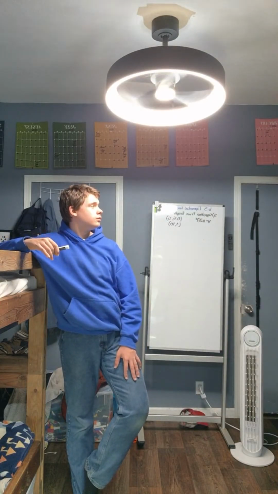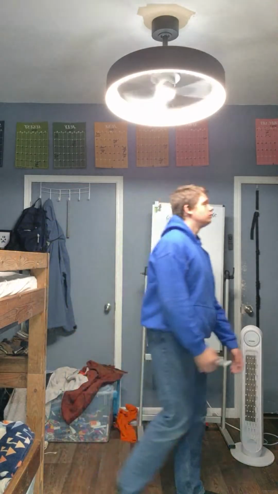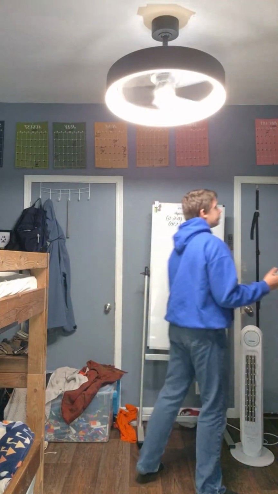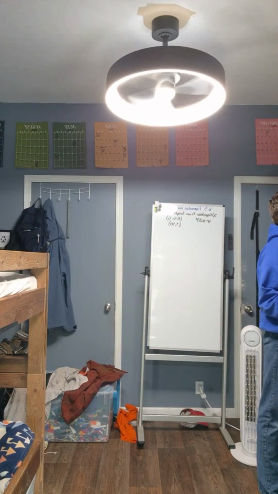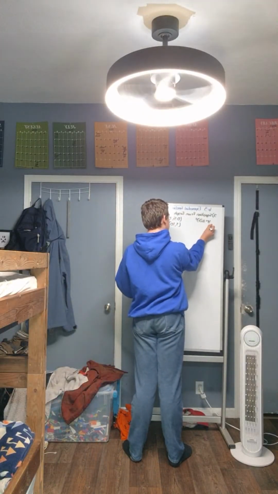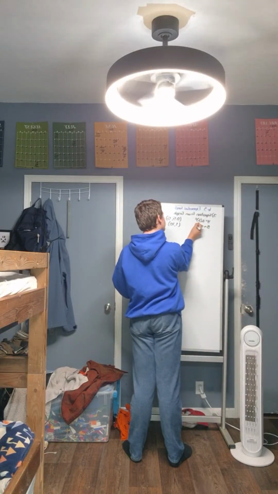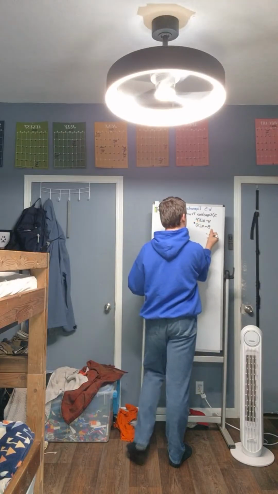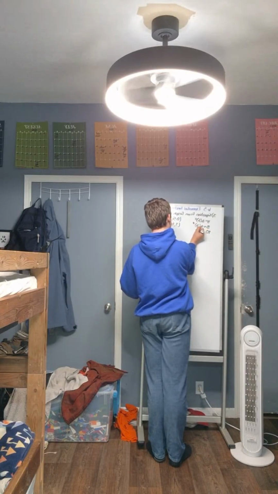Yeah, we're finding the slope. Okay, so we're already halfway through the section. So we have 5 equals A times B to the 0.5, and then we will have 10 equals A times B to the 1.